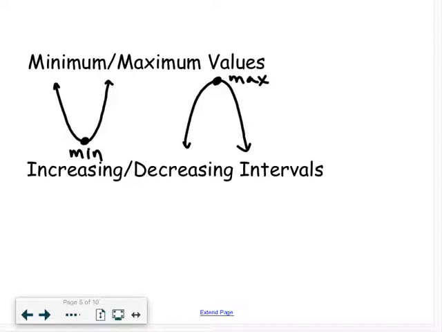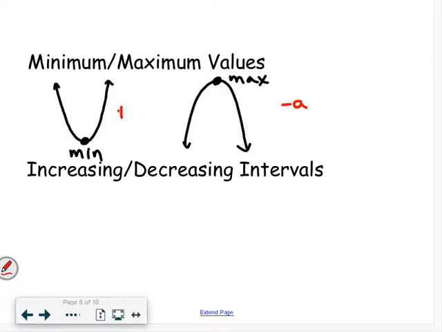Does anybody remember how you can tell if your parabola is going to open up or down? If something is negative, what would be negative in the vertex form? A, the thing way out in front, right? If immediately after your equal sign you have a negative A, you're going to have a maximum.